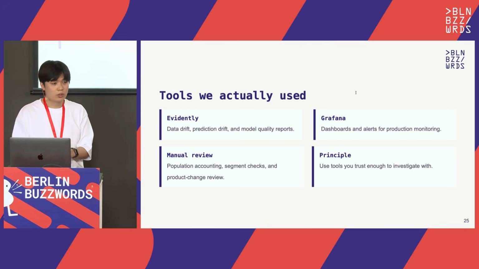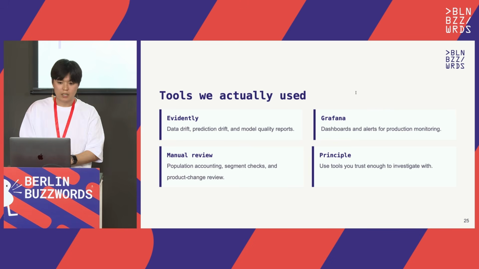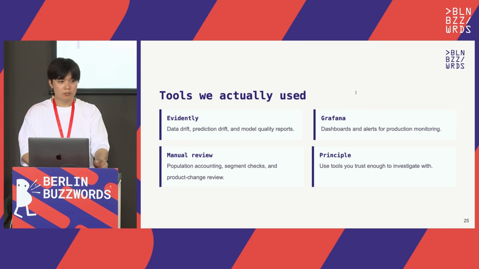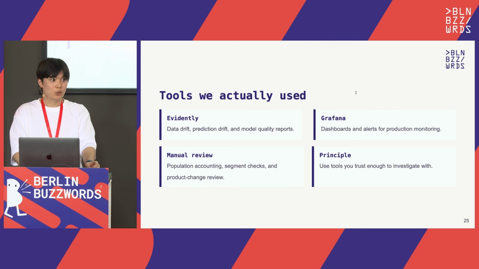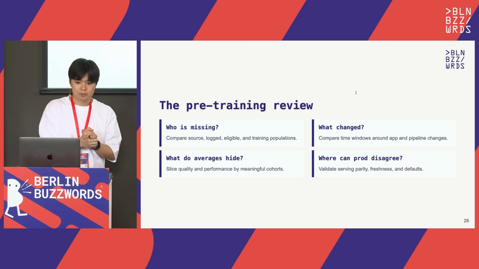For the manual review, we did the population accounting and the segment checks manually, but this is not the only tool. There are plenty of them.